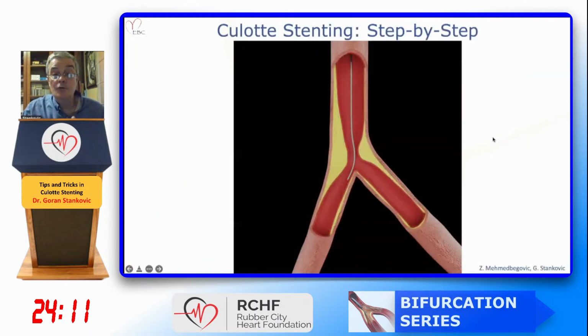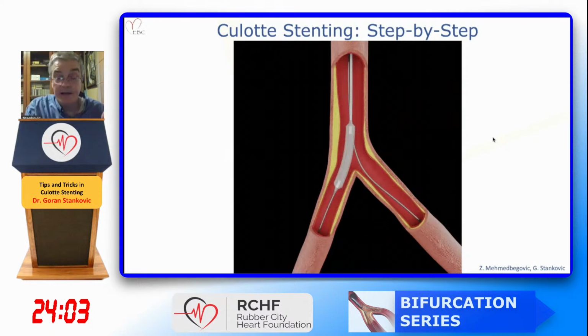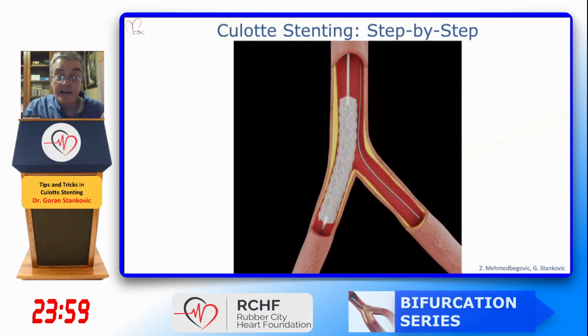So how to do culotte? Again, an animation which I prepared myself with my colleague. We wire both branches. This is LAD and diagonal, for example. We predilate both. This is classical culotte. So we stent the LAD, we do POT to optimize, and then we recross distally.